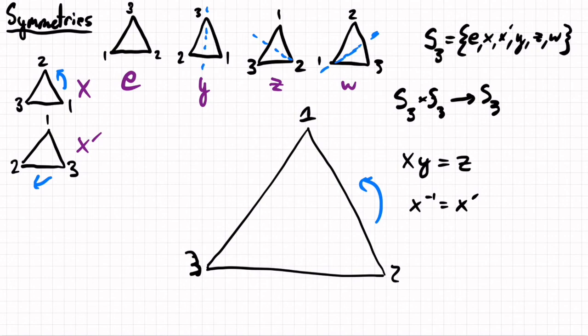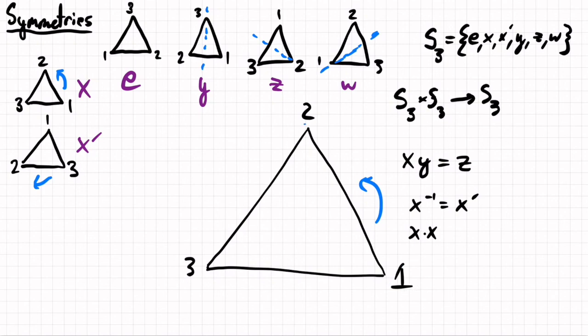Another thing that you can see is that X times X, so if I first rotate by X, then I rotate by X again. Maybe I can even do that in my big triangle here. I'll start back from the identity, 1, 2, 3. I will rotate once, so I'll rotate here, and at this point I have rotated once.